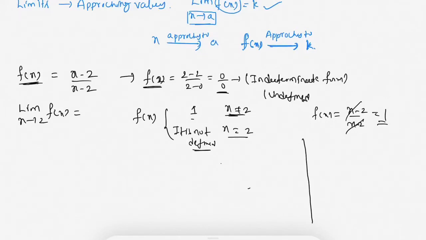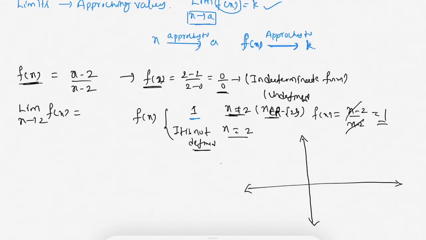Yes, I am drawing the graph. Now function f of x equal to 1 for any value of x, x not equal to 2, which means the domain is x belongs to R minus 2, every real value except 2.